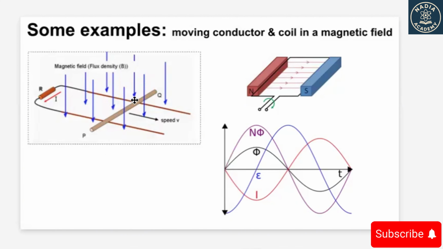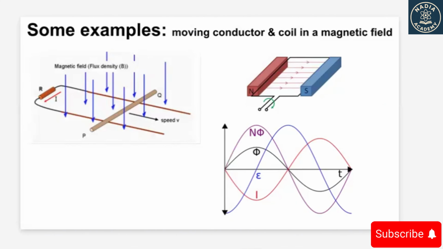And we have a conductor, and this conductor can roll over these railings. It moves over this railing, which is also metallic, and it is connected with a resistor.